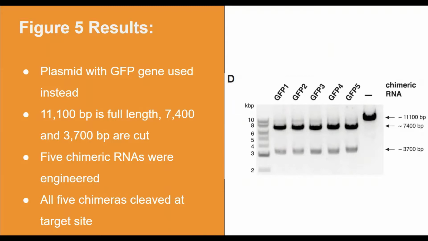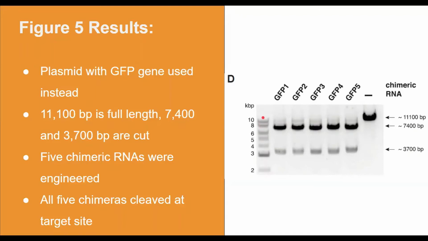And the plasmid was linearized using similar methods as seen in Figure 5b. At its full length, the linearized plasmid was 11,100 base pairs, and it was 7,400 and 3,700 base pairs when it was cut.